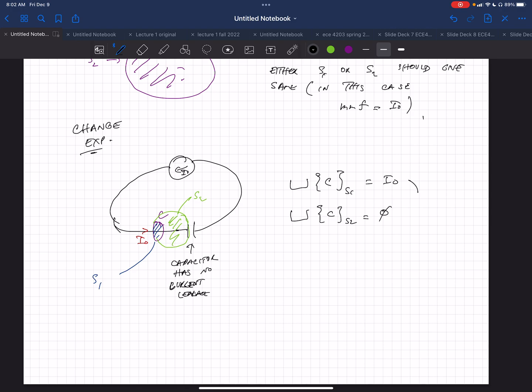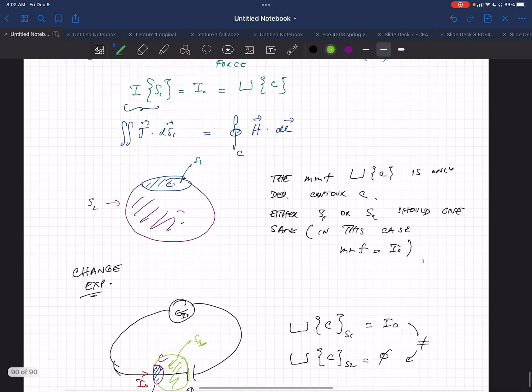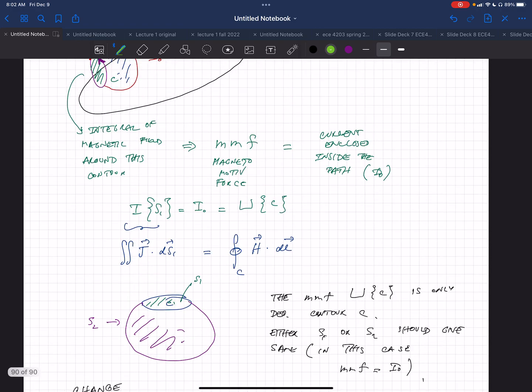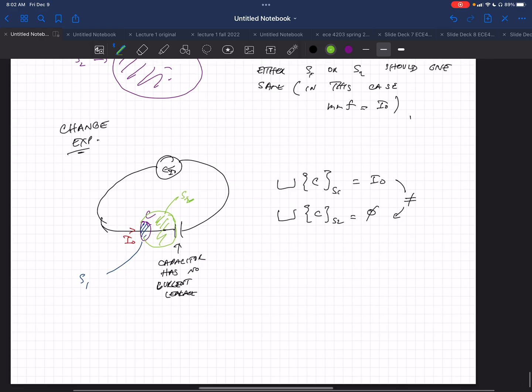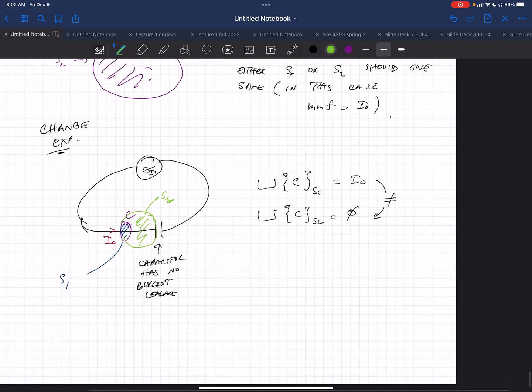So these obviously are not the same. Just by picking a different surface, we've got a different result, which tells us there's something missing in Ampere's law, because depending on the surface I pick around the circuit, I'm not getting the same answer.